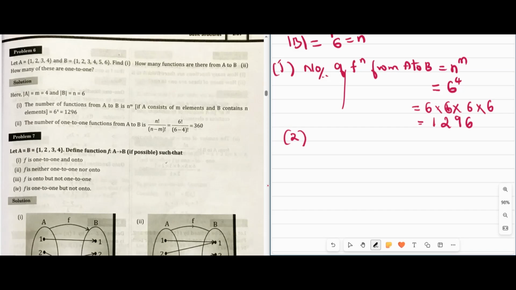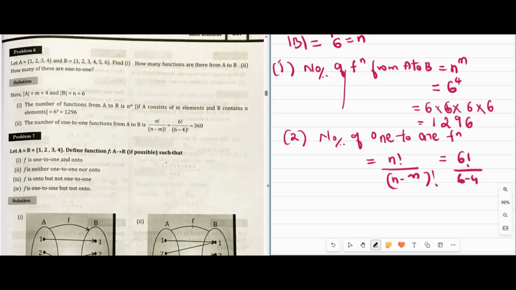The second one asks how many of these are one-to-one. The number of one-to-one functions equals n factorial divided by n minus m factorial. Here n is 6, so it is 6 factorial divided by 6 minus 4 factorial, which is 6 factorial divided by 2 factorial.